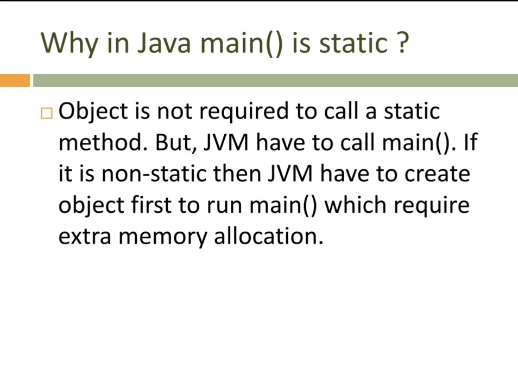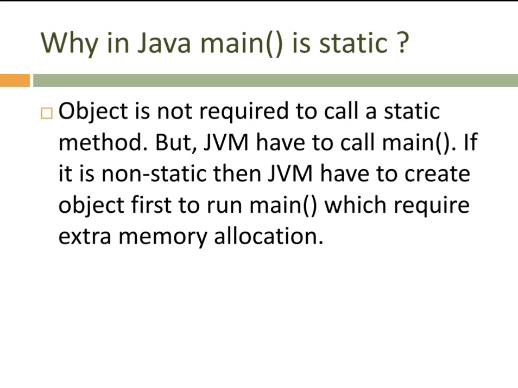And I want to tell you one more thing, that why in Java main is static. Why do we have main as a static function? If we did not have main as a static function, JVM would have to create an object of that class, and then it would be possible to access the main function.